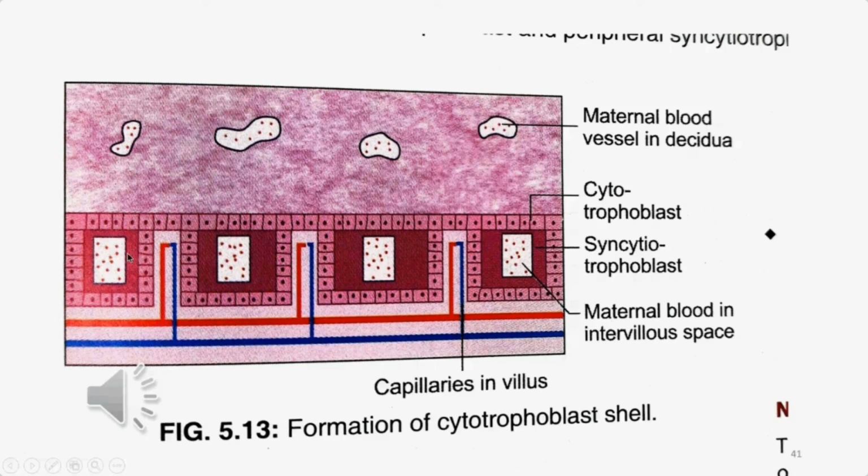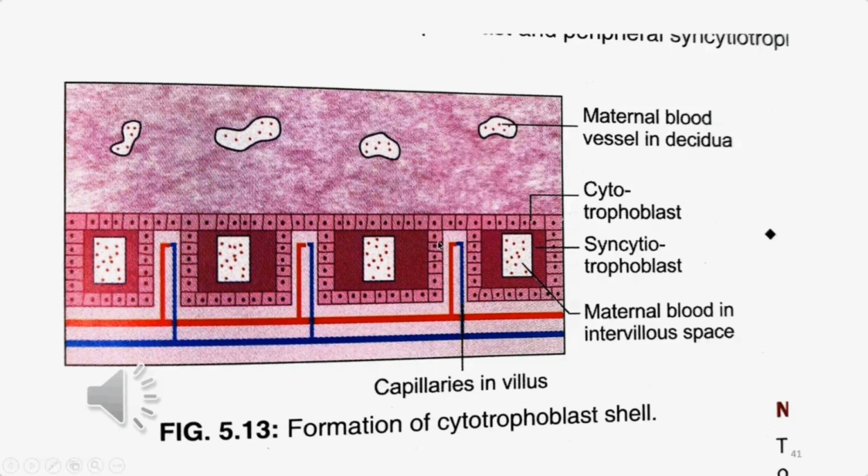Between the decidua basalis and villi, it forms a single layer. Now these parts of the villi form what is known as the cytotrophoblastic shell, and this villi is known as the anchoring villi. So primary villi, secondary villi, tertiary villi, and now an anchoring villi.